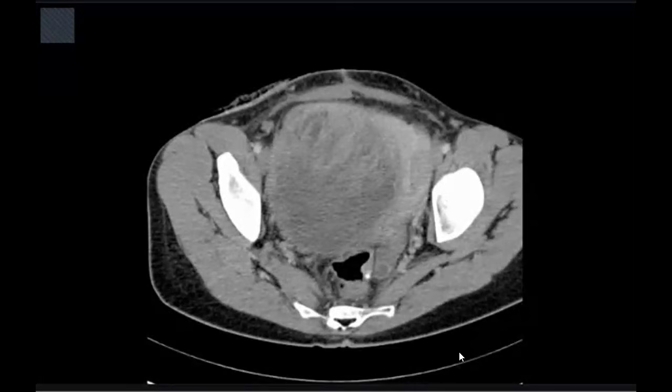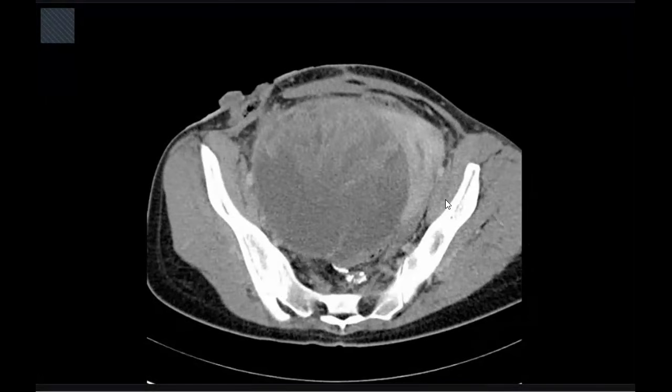I want to see the previous history of the patient. No ileostomy surgery before, no familial adenomatous polyposis. Anything else?